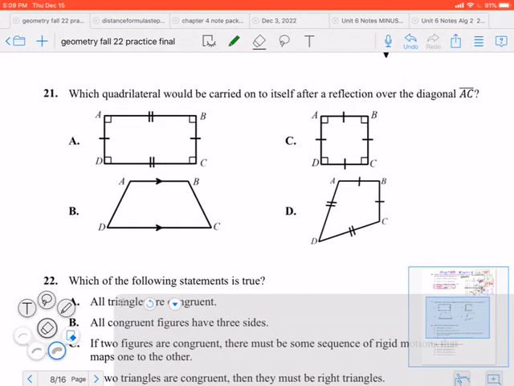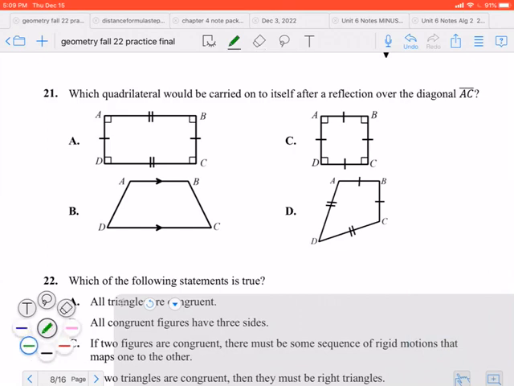Alright, number 21, which quadrilateral would be carried onto itself after a reflection over the diagonal AC? Carried onto itself means if you make the reflection, then it's actually sitting on top of itself. It will be the exact same reflection.